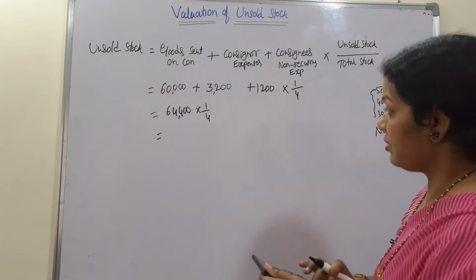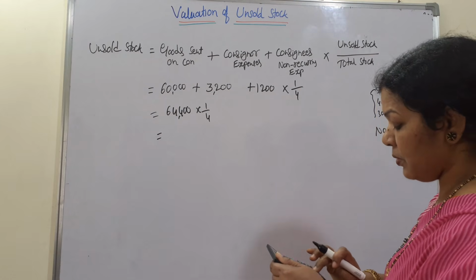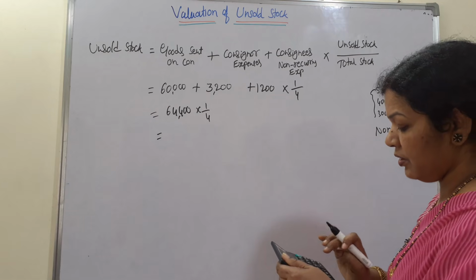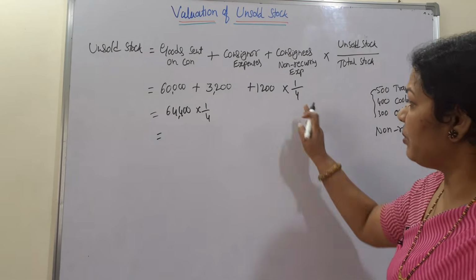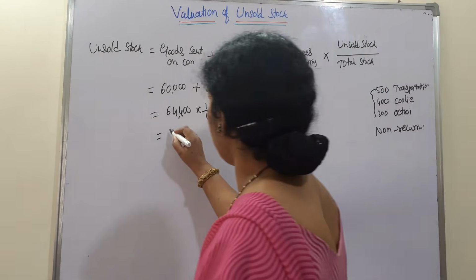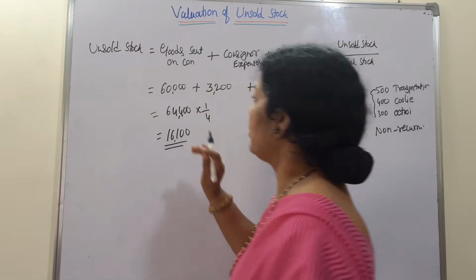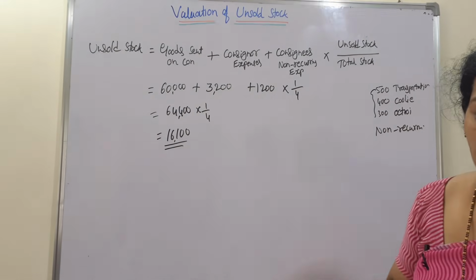Am I right? Yes, it is 64,400 divided by 4, that is 16,100. So this is the unsold stock.